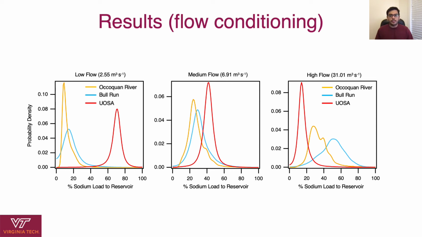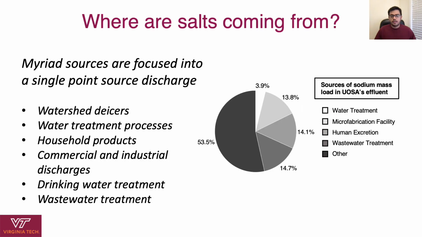The Occoquan and Bull Run watershed sources exhibit the exact opposite pattern. That is, they contribute a greater percentage of the overall sodium load during wet weather conditions. Thus, UOSA's contribution to sodium mass loading in the Occoquan reservoir on a day-to-day basis is highly modulated by weather and can be an important component of the freshwater sodium budget.